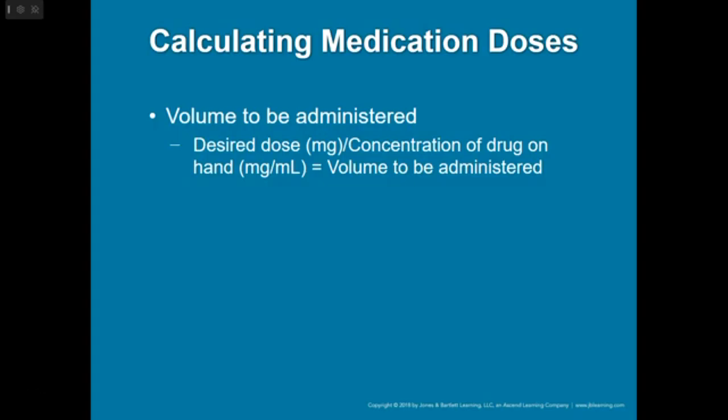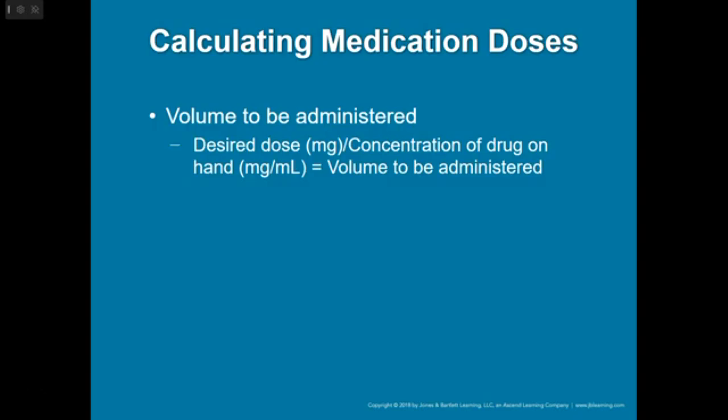The volume to be administered. We take our desired dose, whatever the physician tells us, whatever our protocol says. Desired dose divided by the concentration of drug on hand equals volume to be administered. Okay? For example, let's say fentanyl.